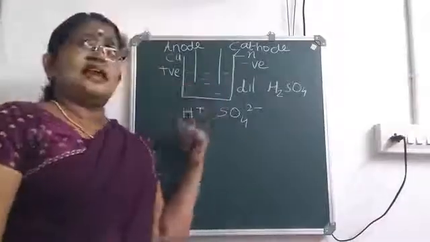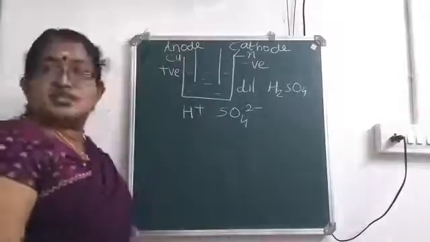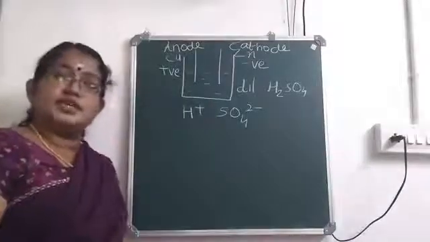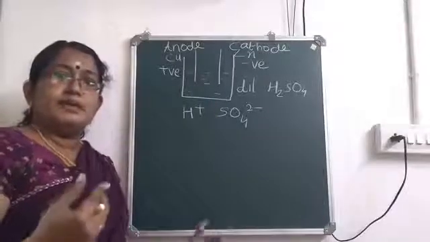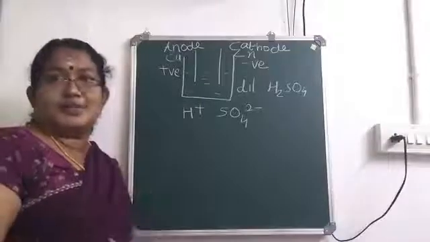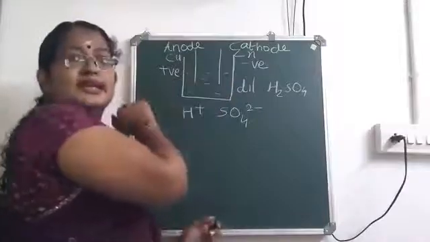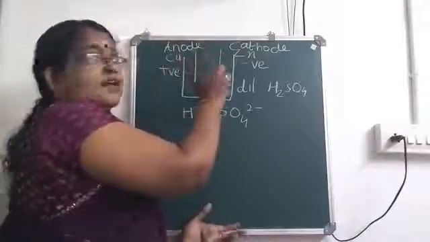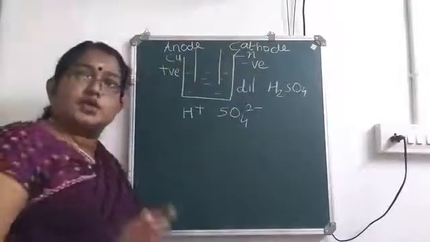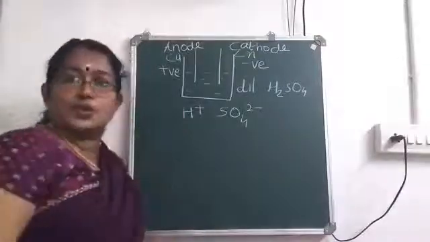Now, is it an open circuit or a closed circuit? What is an open circuit? Open means no current flow takes place in the circuit. Here we just have two electrodes dipped in an electrolyte. I didn't connect it, and no current is flowing through it. So it is an open circuit.